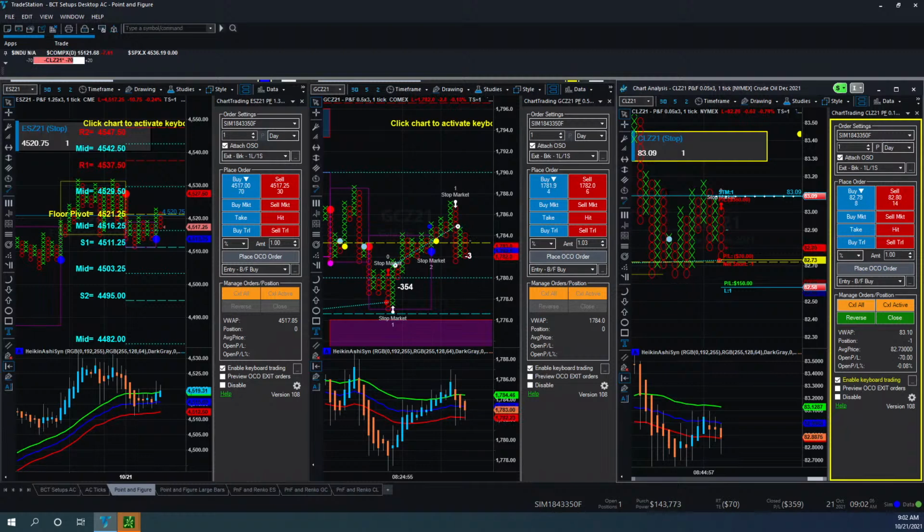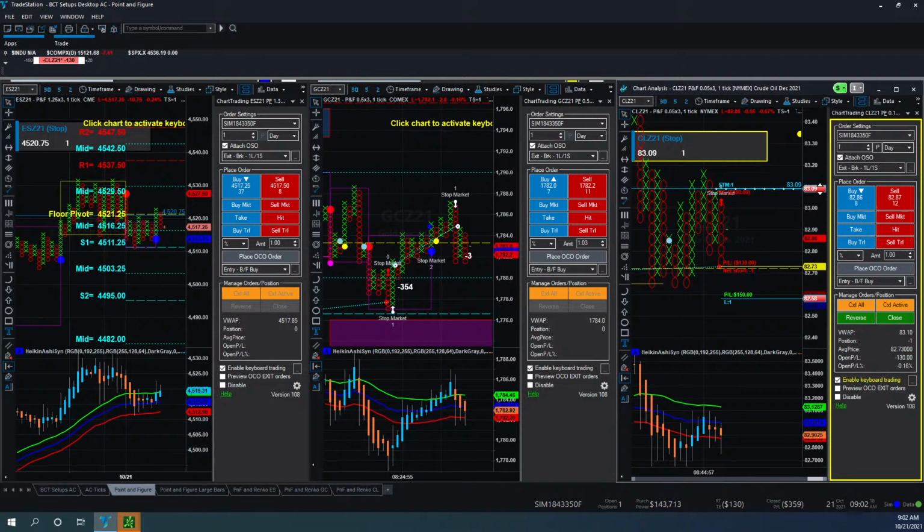Let's see what it does in the chop zone. It actually went against me again. Trying to bet against crude is tough.